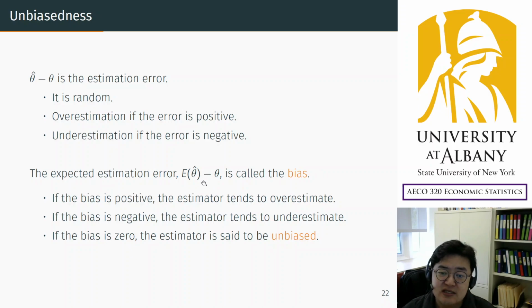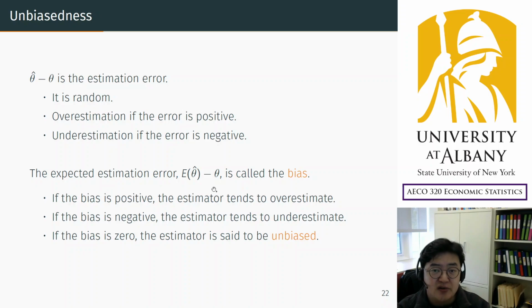If the bias is positive, then the estimator on average tends to overestimate. So the expected value of the estimator is greater than the true parameter, which means on average overestimation. And vice versa. If it's negative, then the expected value is smaller than the truth, so it tends to underestimate.